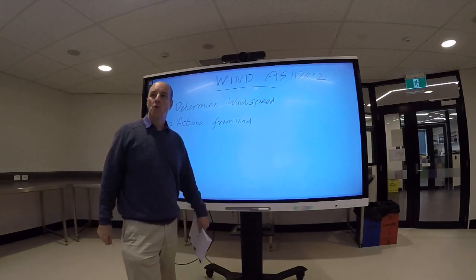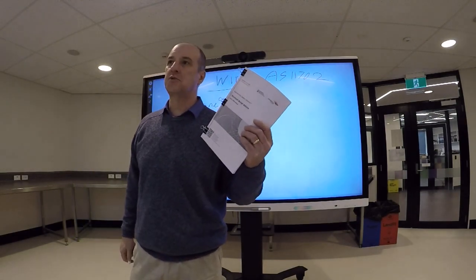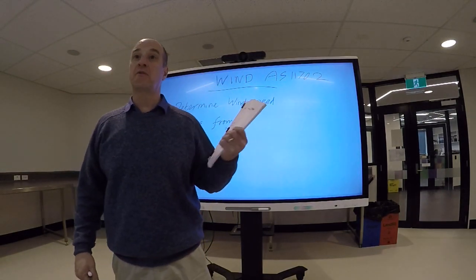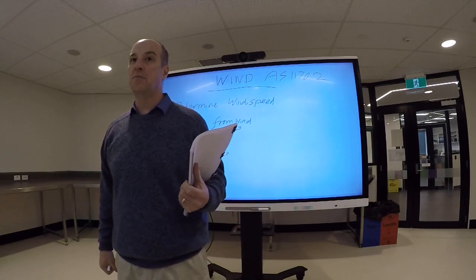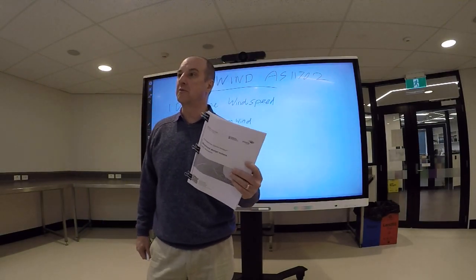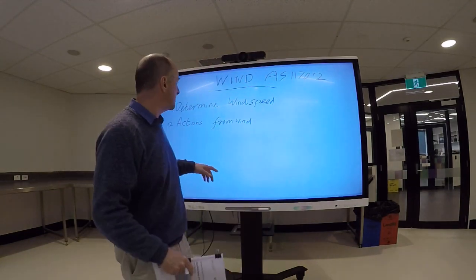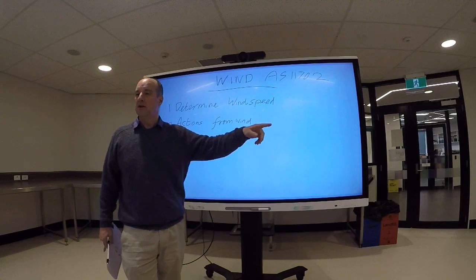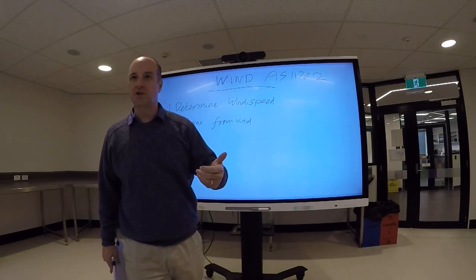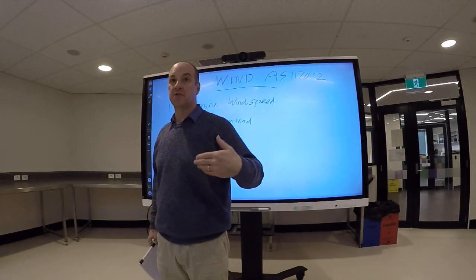Whenever you design a structure for wind, there are a lot of calculations involved. Not all of them are difficult ones, but there's quite a lot of things. Because when I say determine the wind speed, that's the wind from a certain direction. It's going to blow different speeds from different directions.